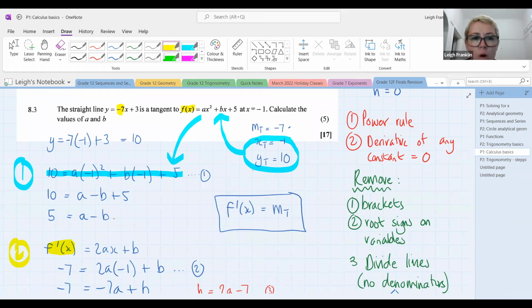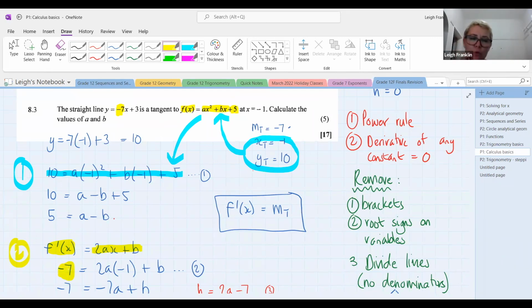Then I've taken the 1 on the exponent of x, multiplied it by b to get b, and taken 1 away from the exponent. Remember, the derivative of any constant is 0, so I only end up with 2 terms even though I started with 3. Then I'm subbing in my gradient, which is my derivative at that point, and that gives me my second equation.